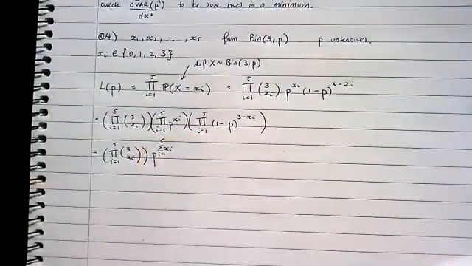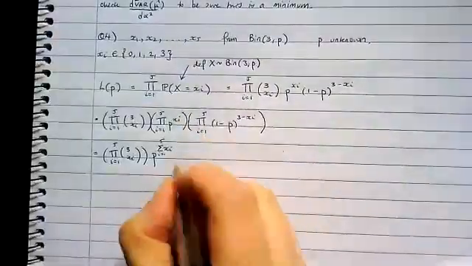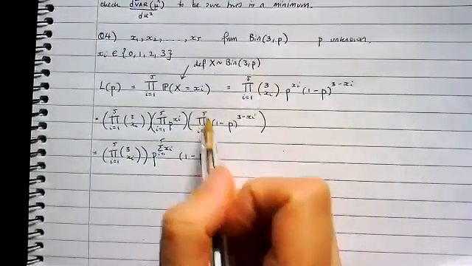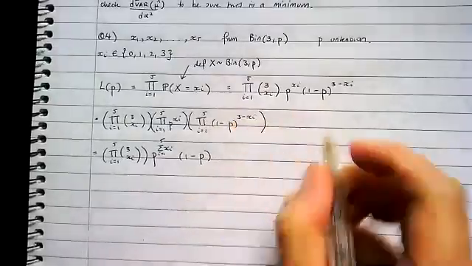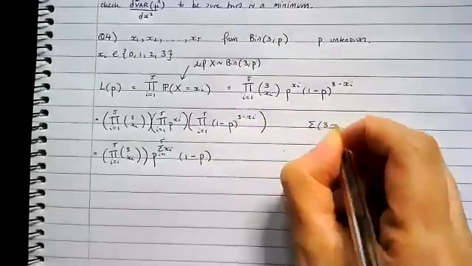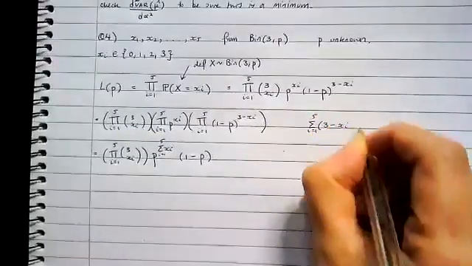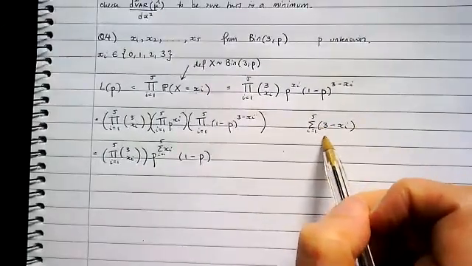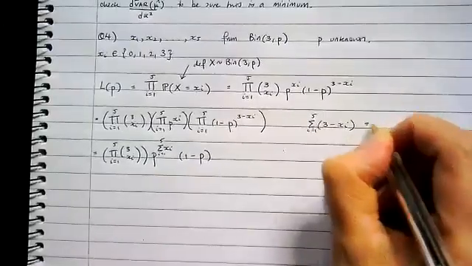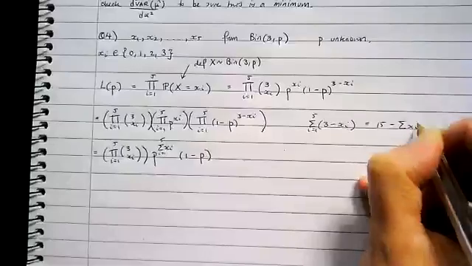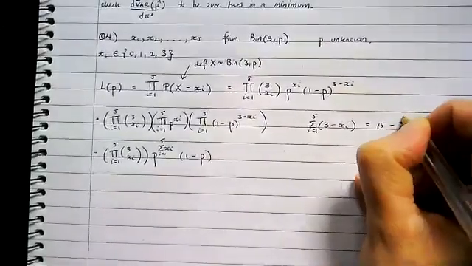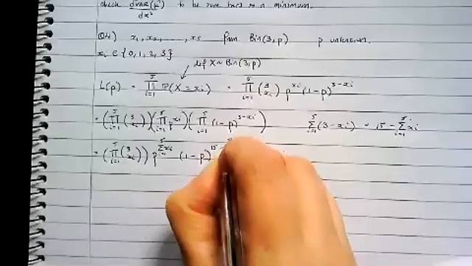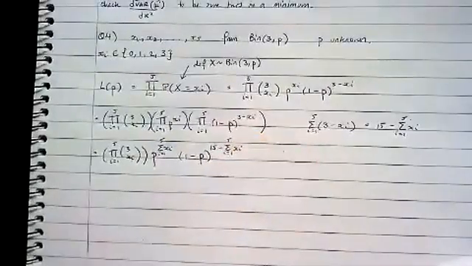It's the same for the 1 minus p term as well, so I can swap the product here for the sum of all of these terms. Now, thinking about the sum of 3 minus xi, in each sum that I'm adding up I've got 3, and none of those depend on i. So I can write this as 15 minus the sum of the x's.